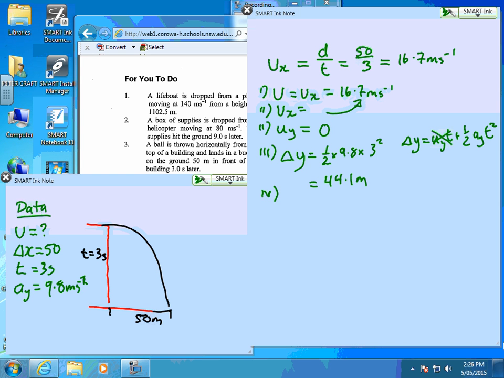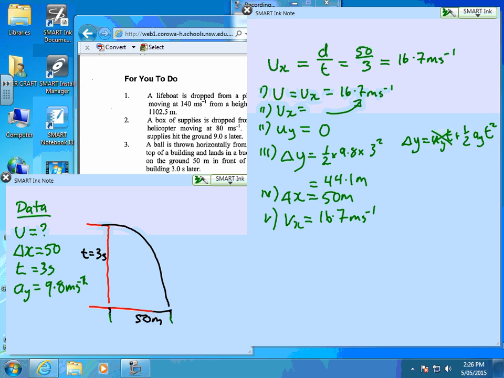What's the range? Well, the range is from there to there. They told us the range, so delta x, the range, is 50 metres. And then we had to find out its final horizontal speed. Well, that just happens to be the same as the starting horizontal speed because there's no force.